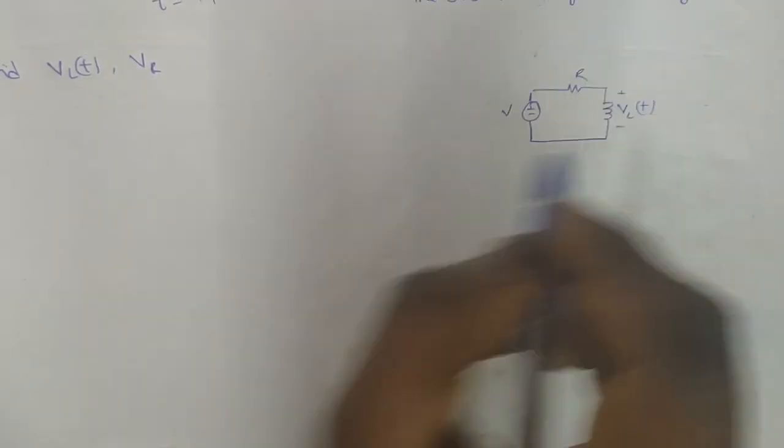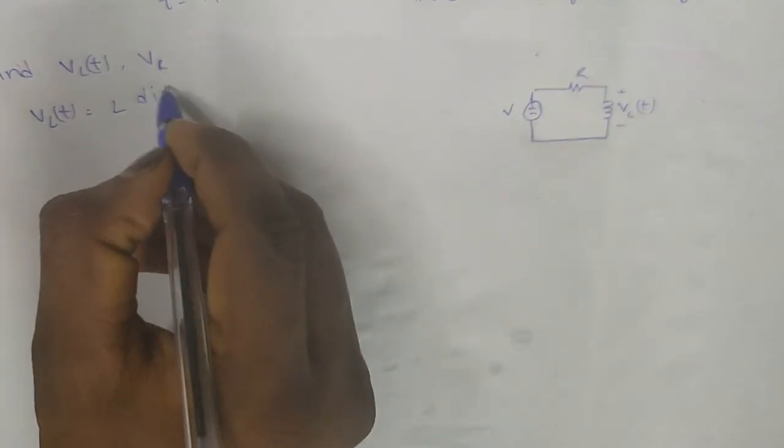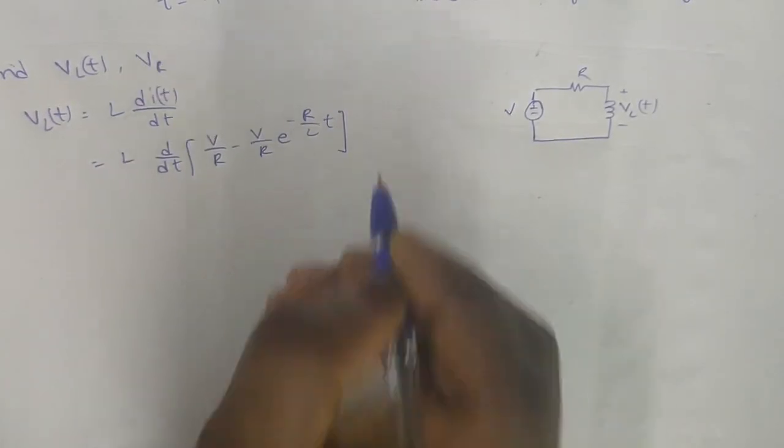So voltage at the inductor will be VL of t is equal to L di of t by dt. We got i of t as d by dt of (V by R minus V by R e power minus R by L of t). So if we differentiate it, the differentiation of constant is 0.